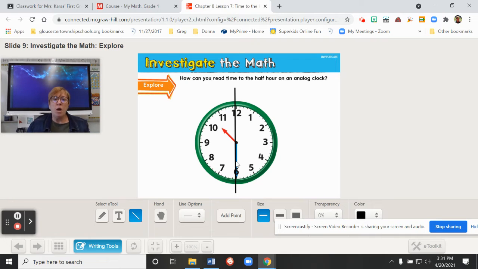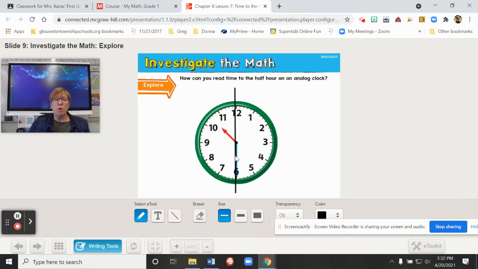Because this hour hand was on the 10 and is slowly leaving the 10, it is still 10 something, okay? So we know it would be 10, but now we have to figure out how many minutes.